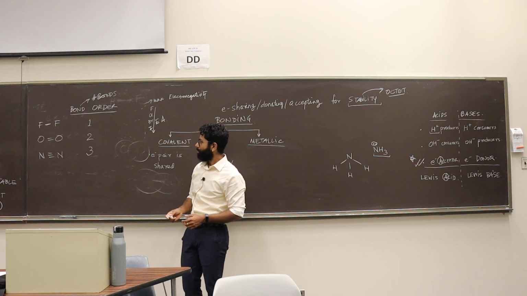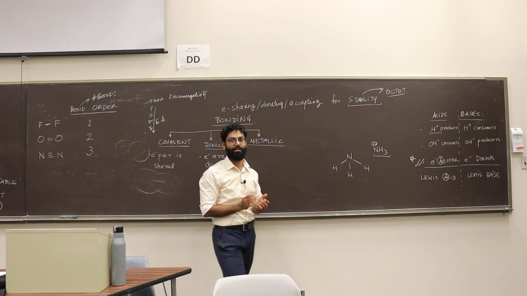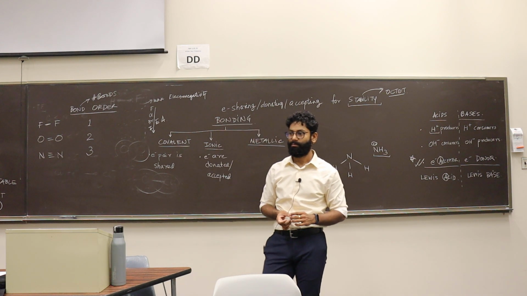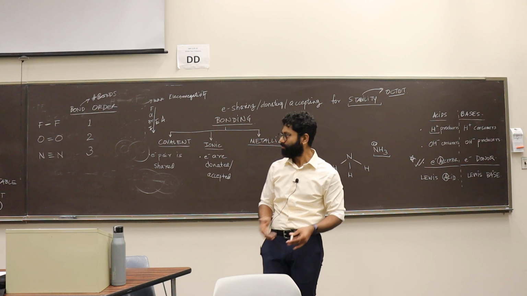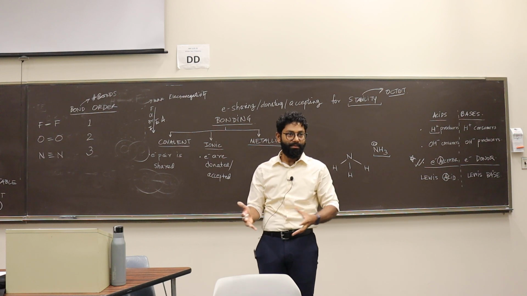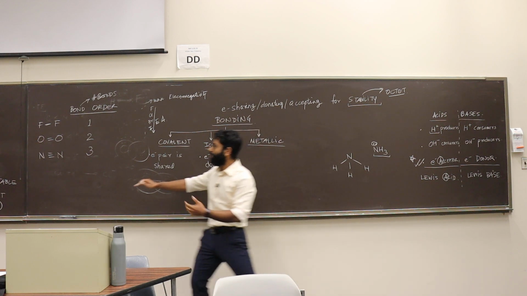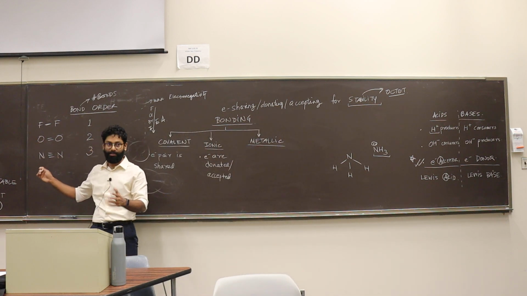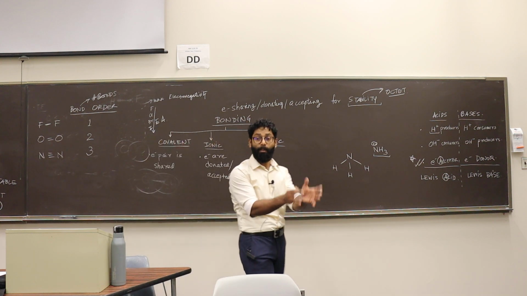Now, which bond do you think will be the strongest? Triple. The triple one will be the strongest. Because there are 3 bonds, so there are 2 people in a relationship and they're sharing more things between them. Which bond is strongest?